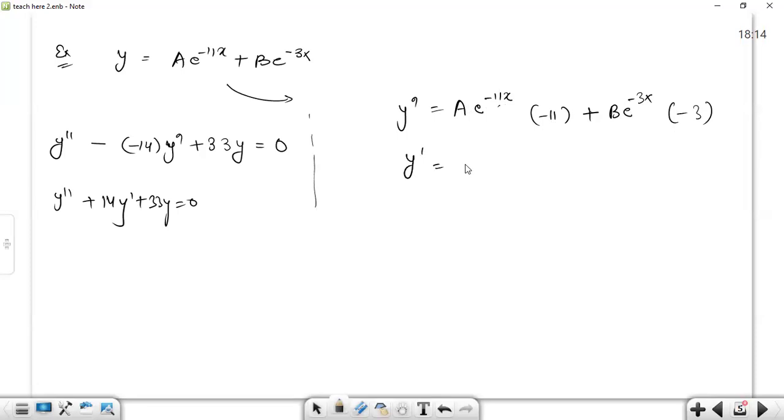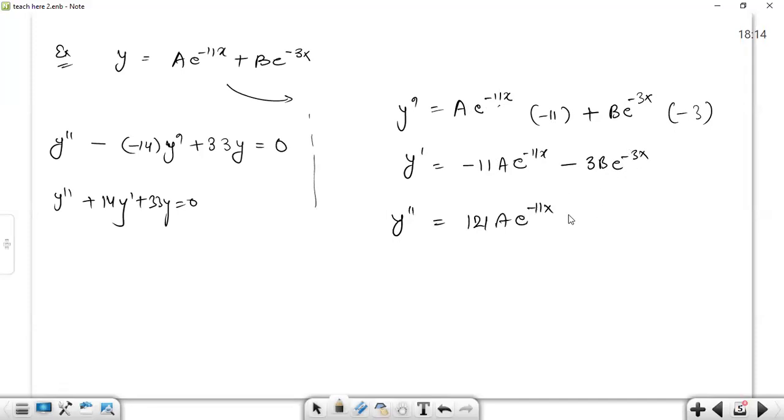So y dash now becomes minus 11a e raised to power minus 11x minus 3b e raised to power minus 3x. Now differentiating on both sides with respect to x once again. Minus 11 will get multiplied by minus 11, it will become 121 a e raised to power minus 11x.